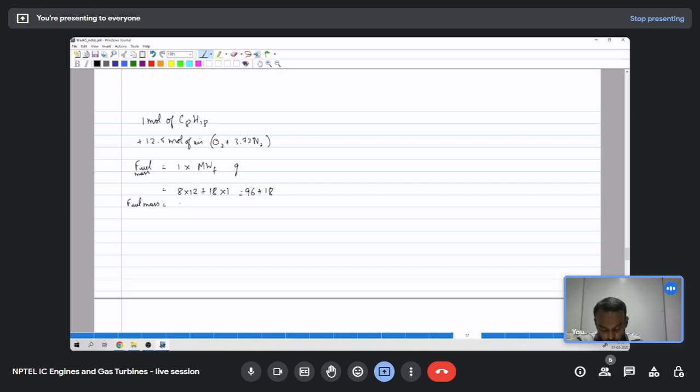The answer is 114 grams. So we need 114 grams of fuel, and then we can calculate what grams of air we need.